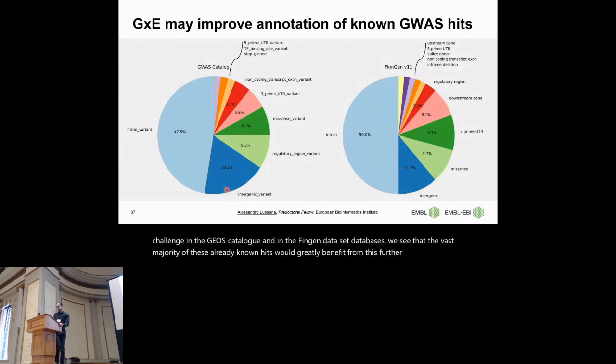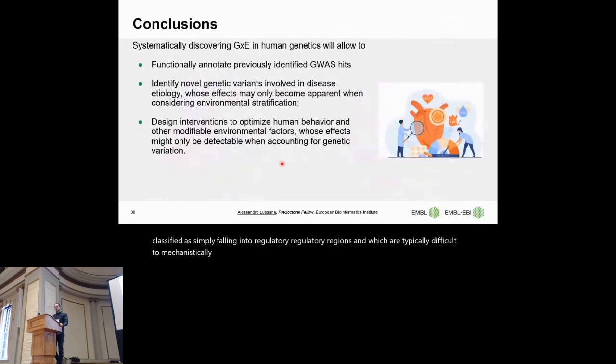The second most prevalent class here is intergenic variant, and there are also intron variants and regulatory region variants, which are all variants that are classified as simply falling into regulatory regions and which are typically difficult to mechanistically interpret.